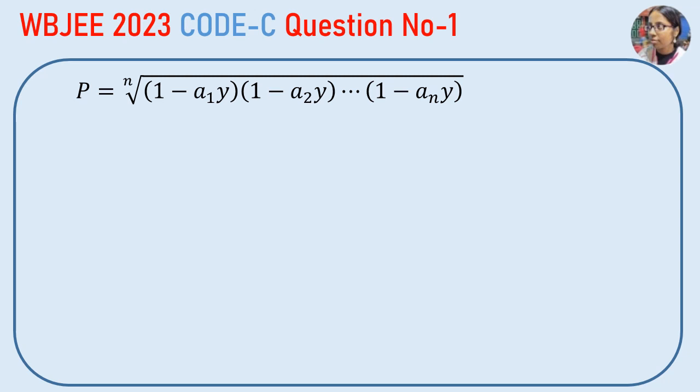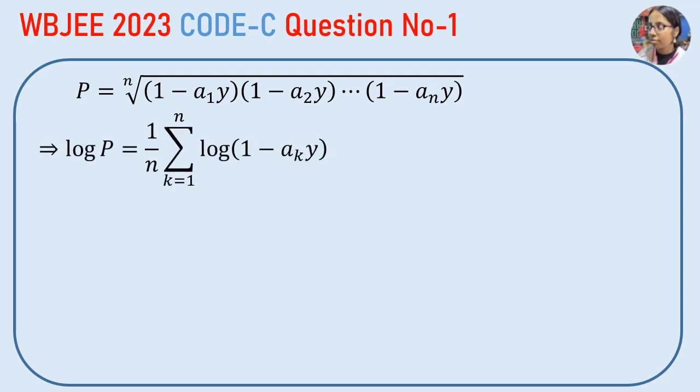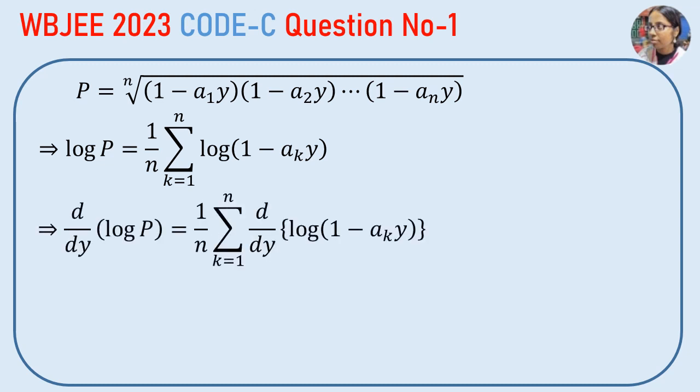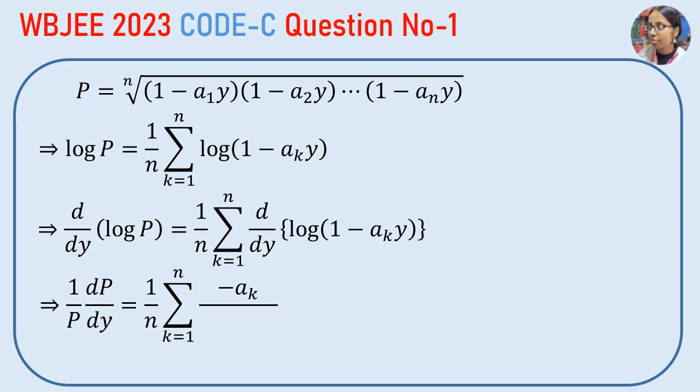P is equal to nth root of (1 minus a1y)(1 minus a2y)...(1 minus any). Taking logarithm of both sides, we get log p is equal to 1 upon n sigma k equal to 1 to n log (1 minus aky). Taking derivative on both sides, we get d dy of log p is equal to 1 upon n sigma k equal to 1 to n d dy of log (1 minus aky), which gives 1 upon p dp dy is equal to 1 upon n sigma k equal to 1 to n minus ak divided by (1 minus aky).